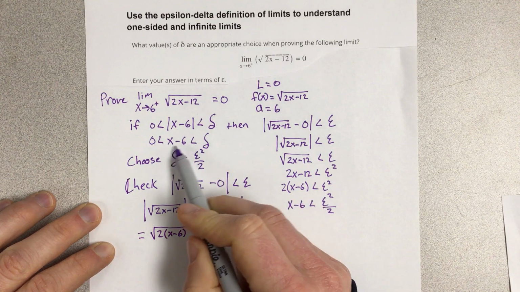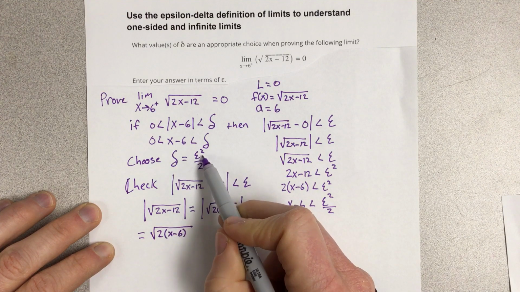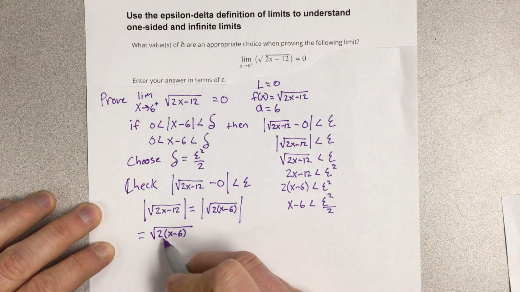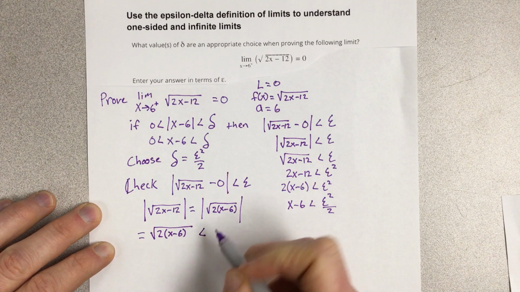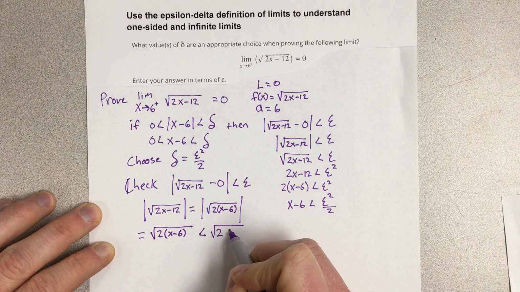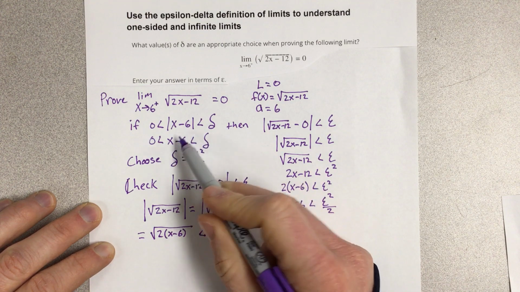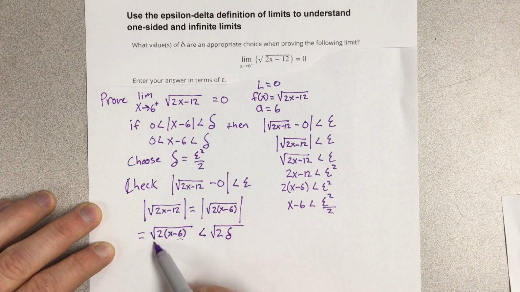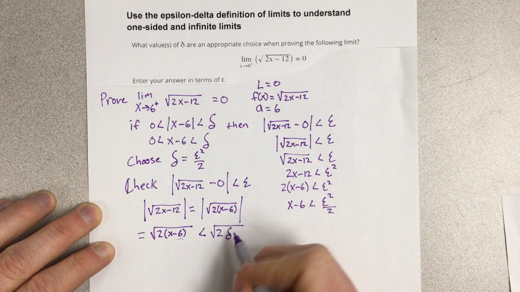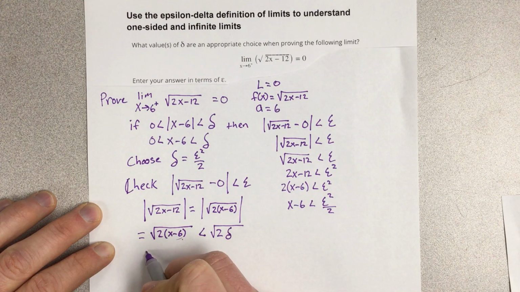Then notice I have x minus 6 less than delta, and I chose delta to be epsilon squared over 2. So this is going to be less than the root of 2 times delta, because delta is larger than x minus 6.